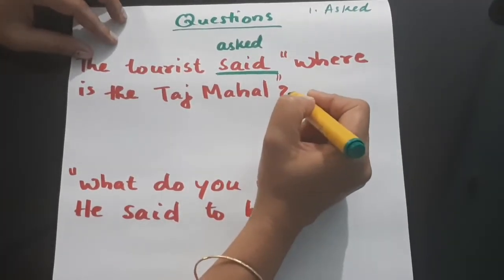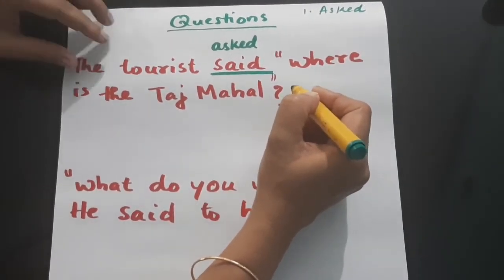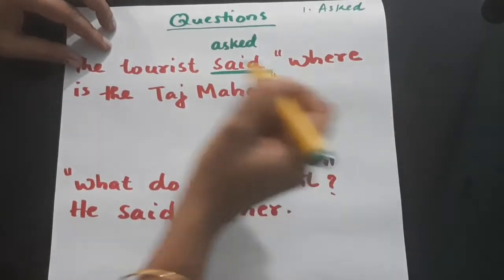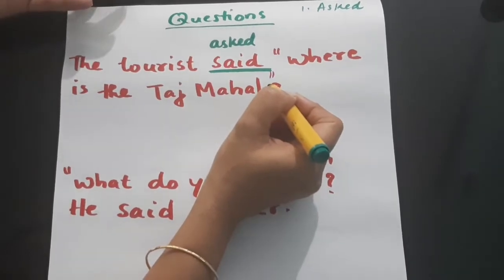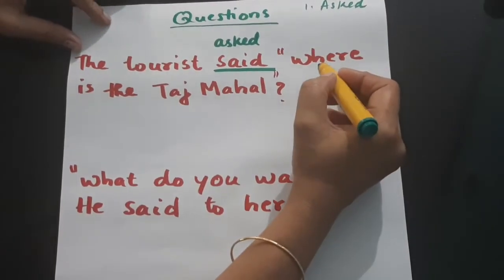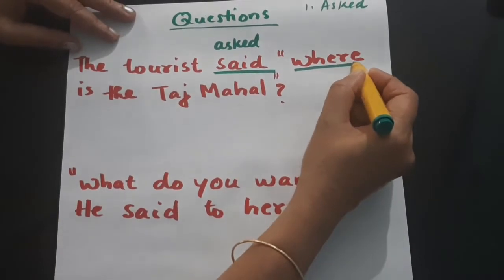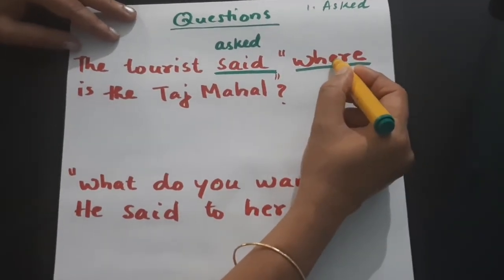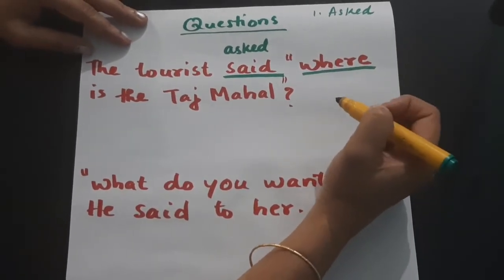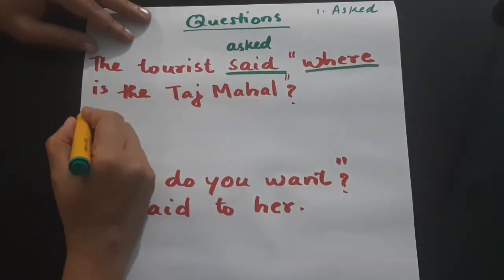Instead of that, the punctuation mark you need to use in indirect speech is full stop, because you are converting this question format to statement form, declarative form. That's why. Okay. You know that this is a question word question. That is, already you have a question word here. What is it? Where. Okay, shall we just try how can we convert this sentence into indirect form? Okay. The tourist.